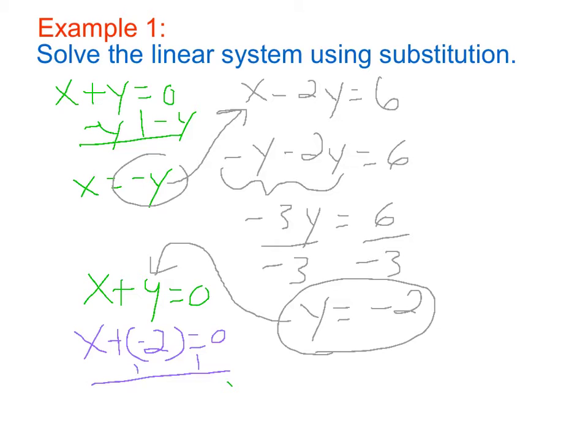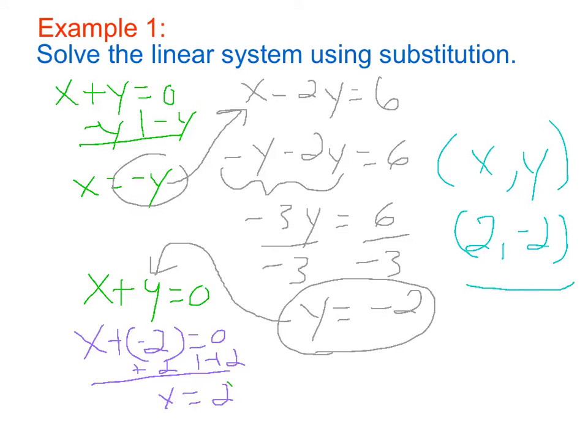And if we add 2 to both sides to get x by itself, we find that x equals 2. So then we can write our solution, x coming first, y coming second. So we've got 2, negative 2 is our final solution.